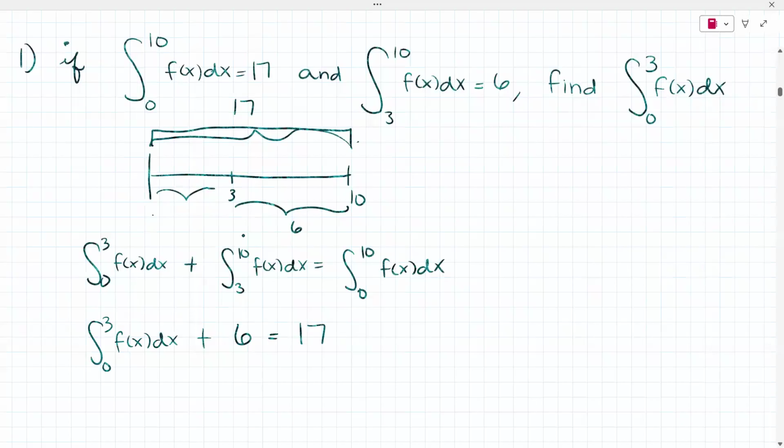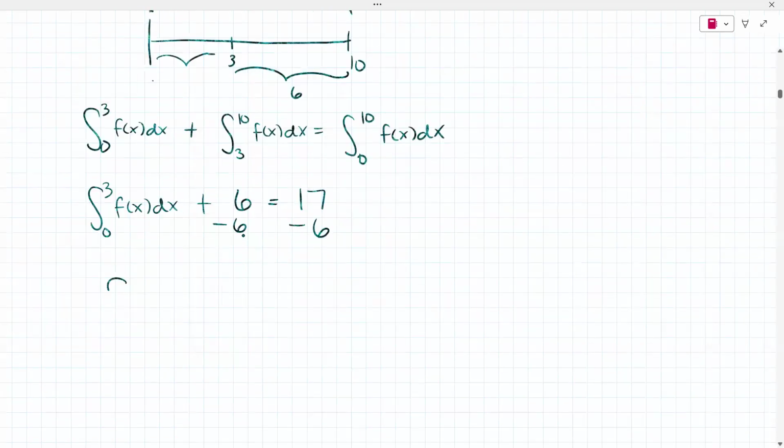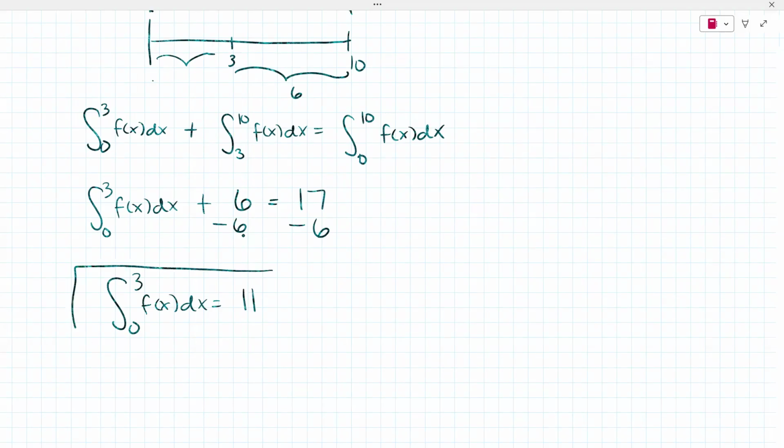And then all we have to do is solve for the integration from 0 to 3. We subtract 6 from both sides. That gives you the integration from 0 to 3 of f of x dx equals 17 minus 6, which is 11. So this is your final answer.